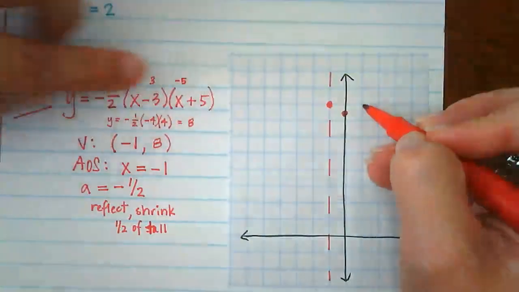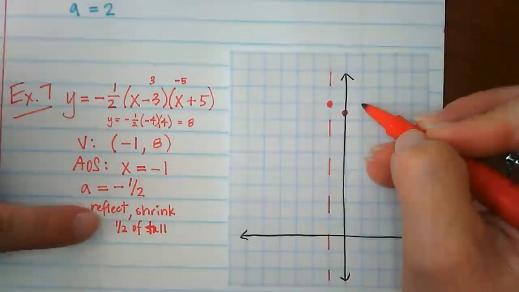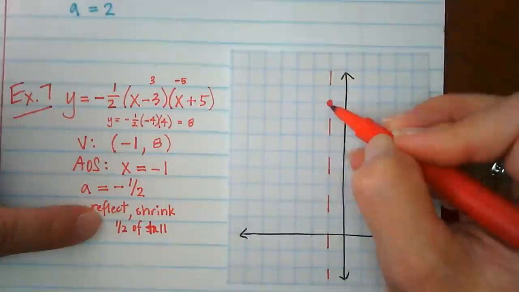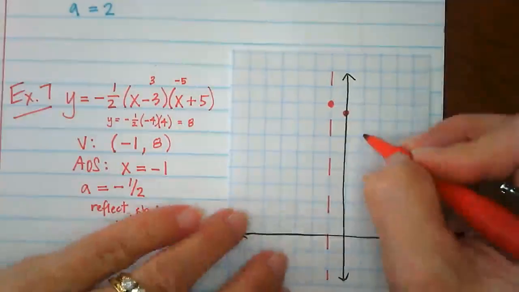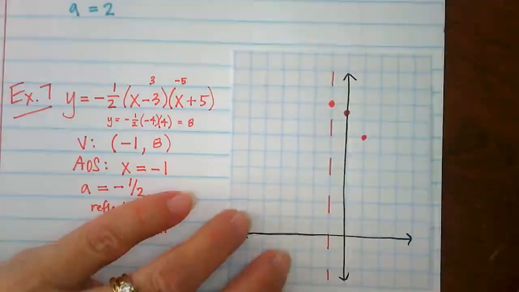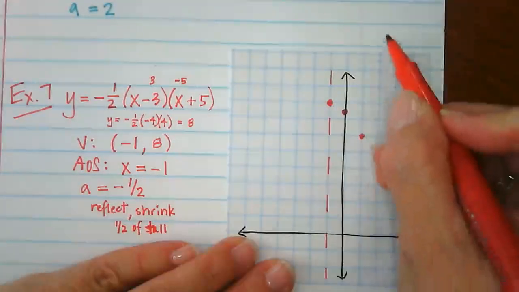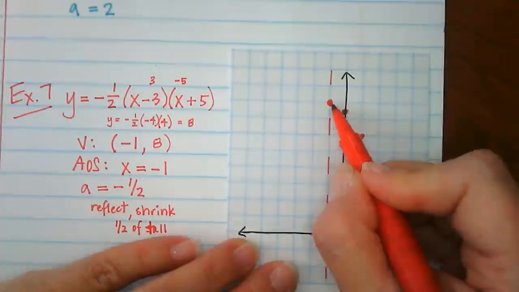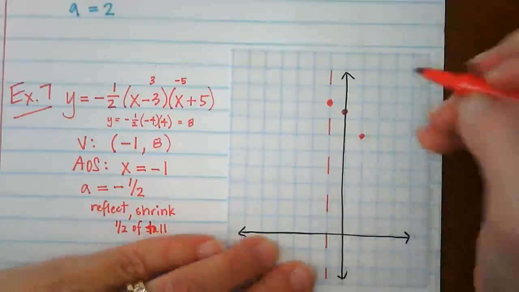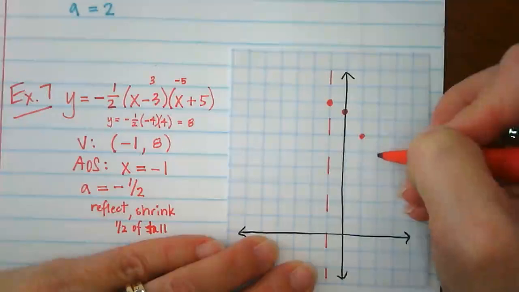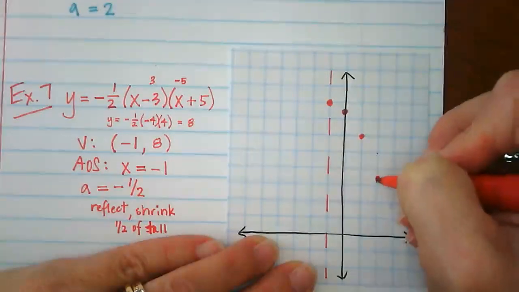So I need to go over 2 and I need to go down. Instead of going over 2 and up 4, I need to go over 2 and down 2. All right, a normal parabola would go over 3 and up 9. This one's going to go over 3 and down 4.5.